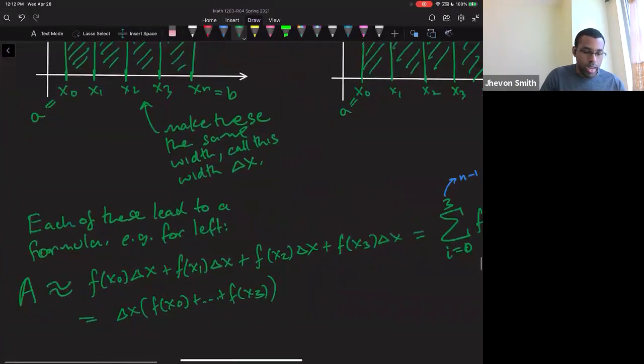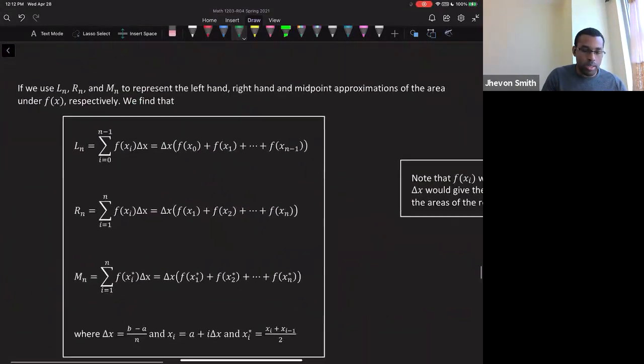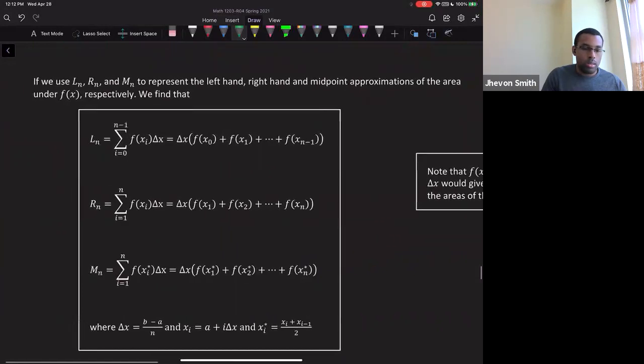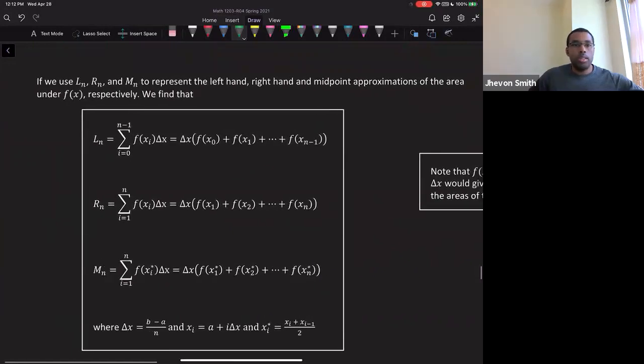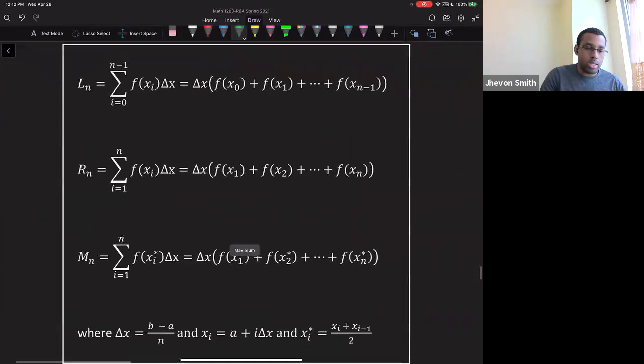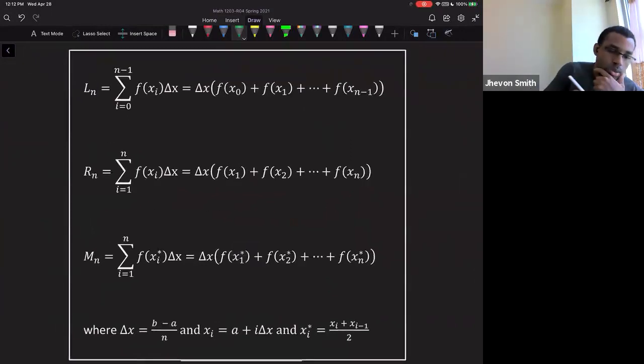And in a similar vein, you can develop these other formulas, right? So you can have the left-hand approximation, which means you start at the leftmost point and end just before the last point. You can have the right-hand approximation where you're going to start at x1 and then go all the way up to xn because you're on the right side.